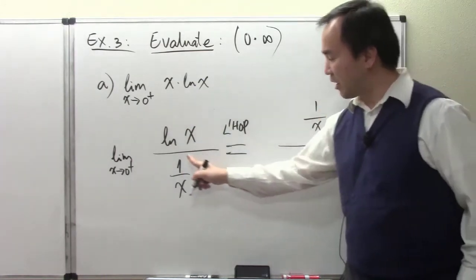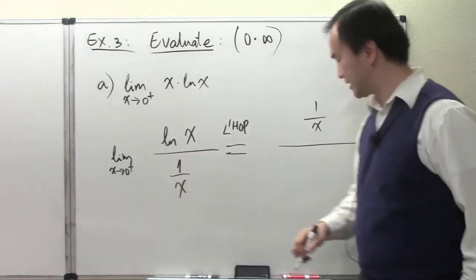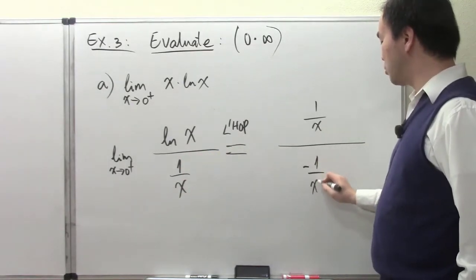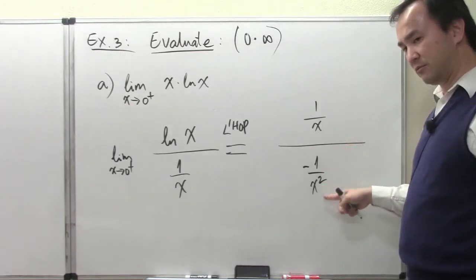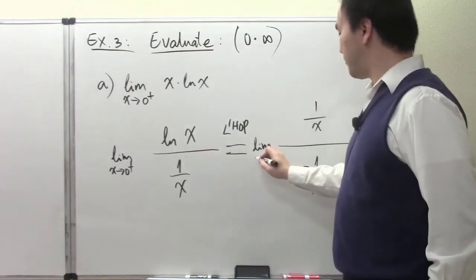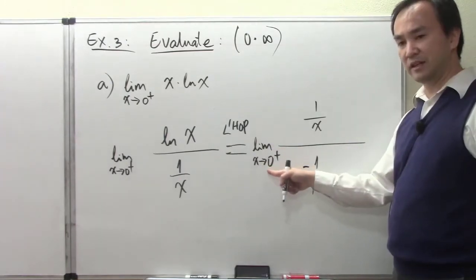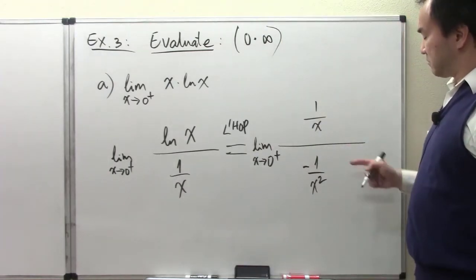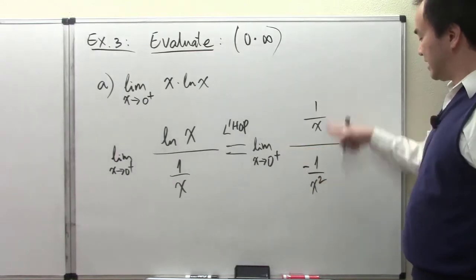And the denominator comes from the derivative of 1 over x, which is negative 1 over x squared. So it's 1 over x over negative 1 over x squared, set up in the same order of the fraction, and now we consider it a brand new limit problem, still going to the same limit point. Now we can start doing some algebraic simplification.